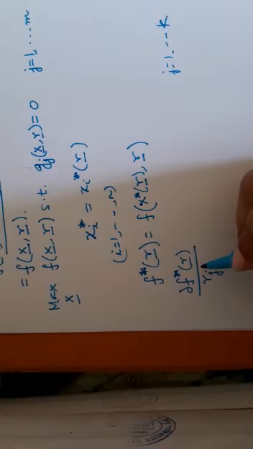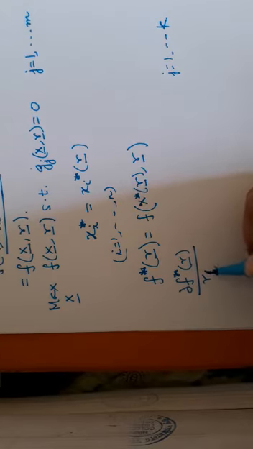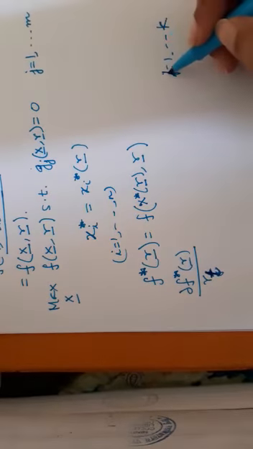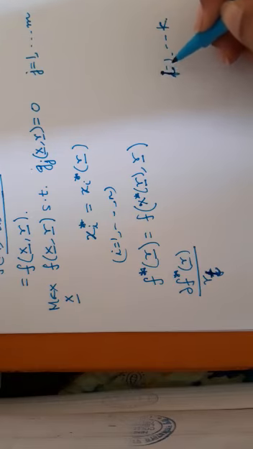I was trying to follow the book, but I don't want to use the notation j. So let's take some parameter, let's say t. Okay, so t goes from 1 through k.